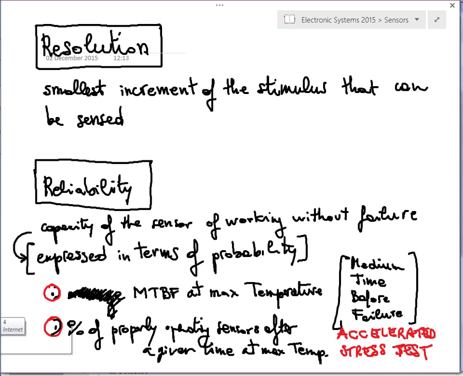There are ways of extracting the dependence of the failure time as a function of temperature, so that one can perform the stress test at high temperature and then translate the results to low temperature. High stress can be related to temperature, or it can be related to, let's say, operating voltage or operating pressure, depending on the type of sensor. Okay.